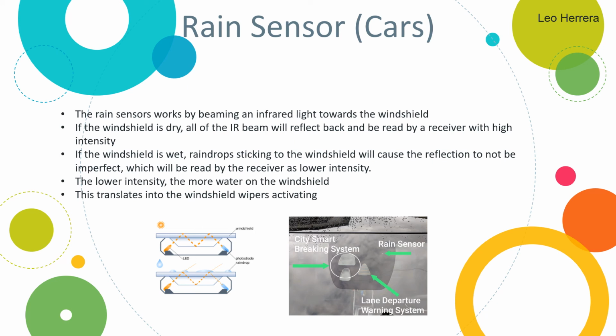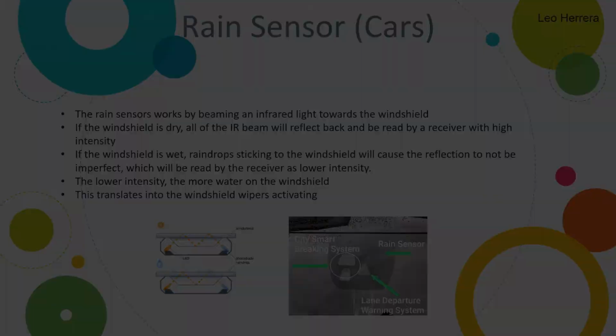So if there are a lot of raindrops, it might get a really low intensity. Meanwhile, if there are just a few raindrops, it might get a somewhat lower intensity. By measuring this intensity, we can tell how much rain there is, and then how much we need to power the windshield wipers.